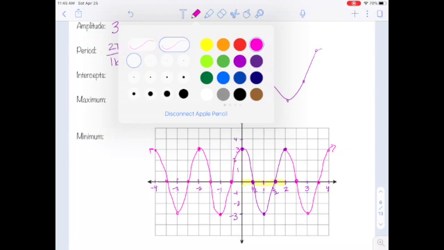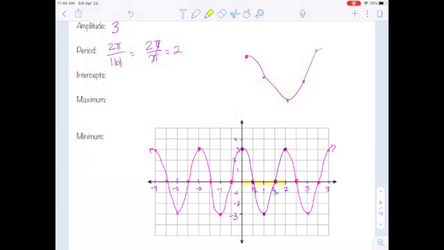All right. And let's take a look at our x-intercepts. So our x-intercepts are at 1/2, 3/2, increments of all of those. So it would be at plus or minus 1/2, plus or minus 3/2.